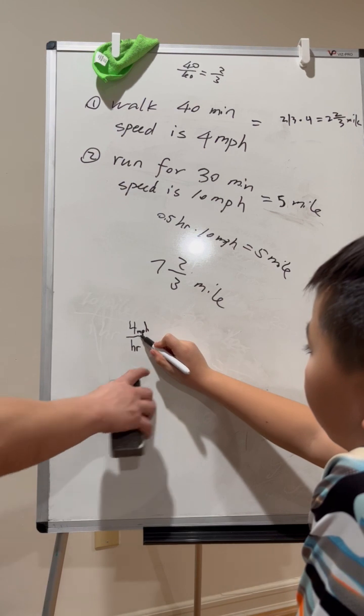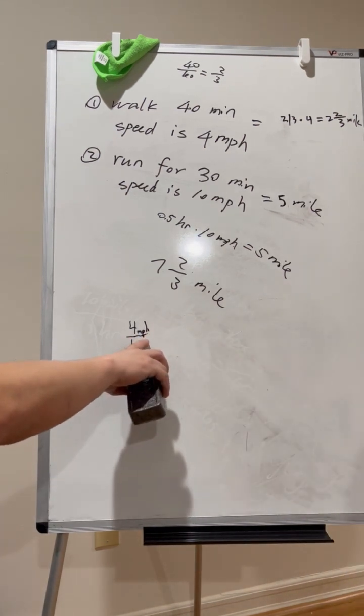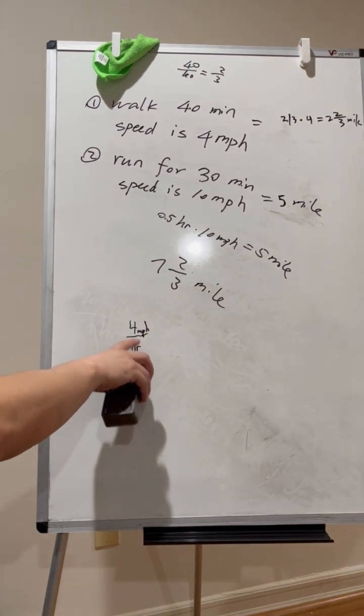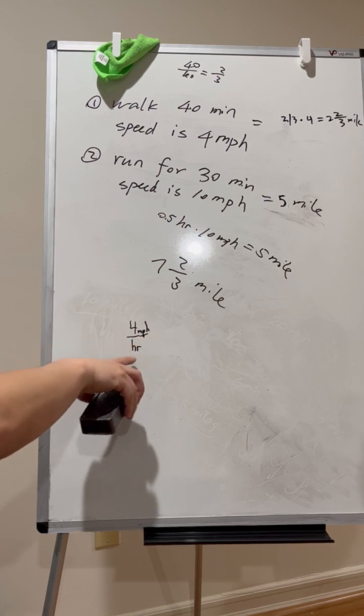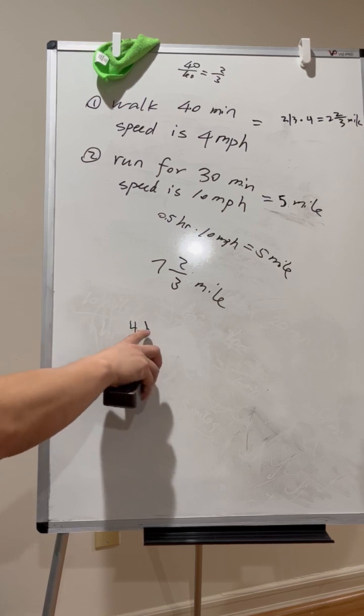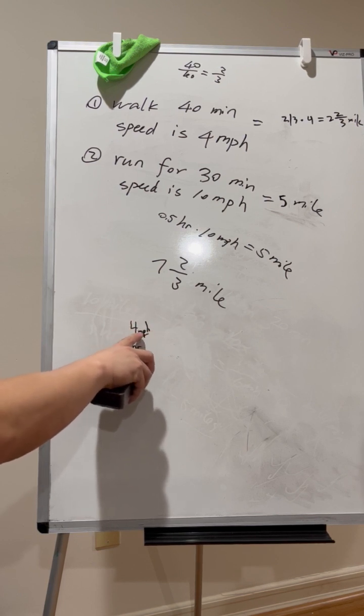No. When you do this, you write hour here. This division means per hour. So you don't write miles per hour anymore. You just write 4 miles.